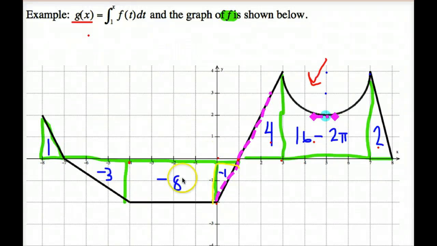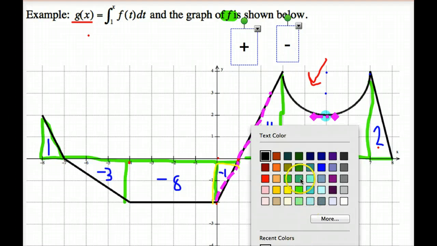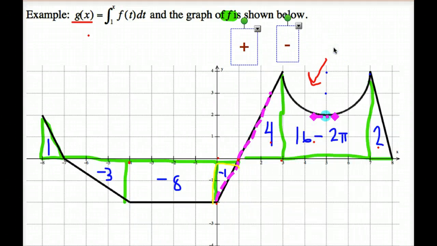So just for the sake of making things easier, I'm going to use a plus sign, right? So here's my plus sign, here's my minus sign. And what I would like us to do is label these pieces like we used to, where we said we were increasing or decreasing. So let's use this color. It's a little nicer.